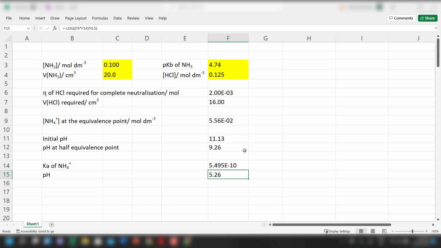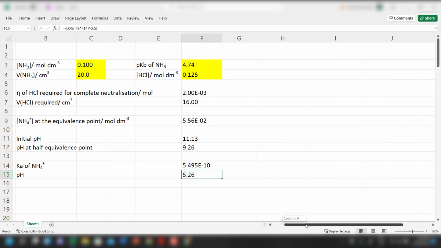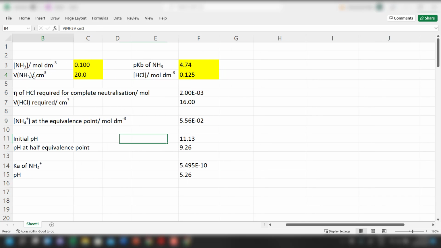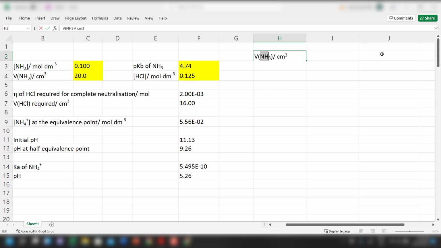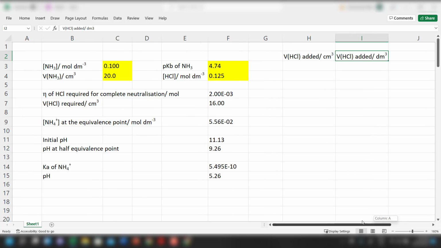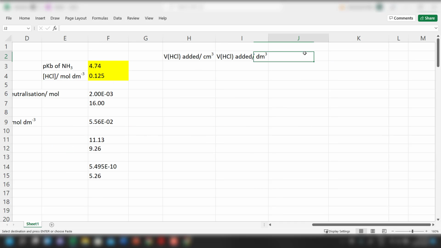Once we are done with all this calculation, we are ready to plot our titration curve. I'm just going to populate some columns. The first thing I'm going to do is have the volume of HCl added, and next the volume of HCl added in dm cube, because it's actually easier to calculate in dm cube. Then we're going to determine the amount of ammonium formed.